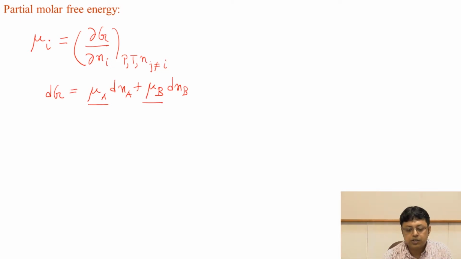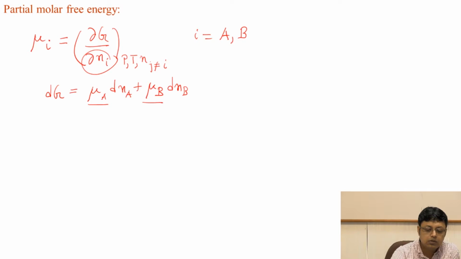In the sense it is partial, that we are writing it for a two component system where the components are again A and B, and that's why it is partial, and it is molar because it is per mole. So Gibbs free energy per mole is nothing but the chemical potential. That's why we're directly writing mu A here. So this is nothing but the differential change in this context, and we call it a partial molar free energy.